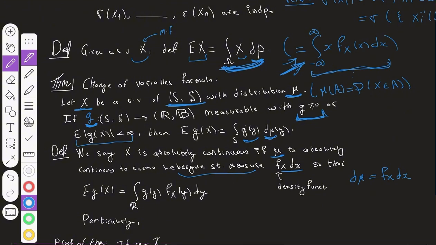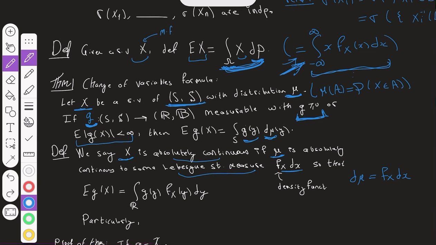So a random variable is said to be absolutely continuous if its distribution is absolutely continuous with respect to some Lebesgue-Stieltjes measure, and this is what it means in the measure theoretic sense.